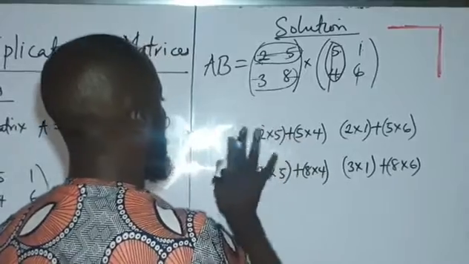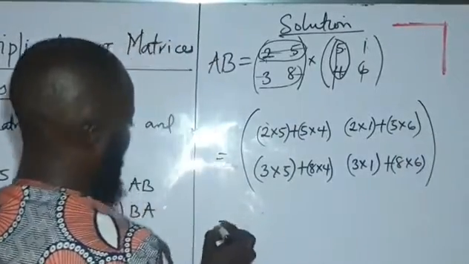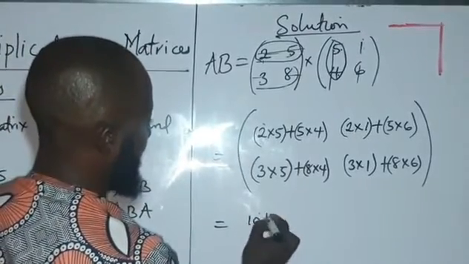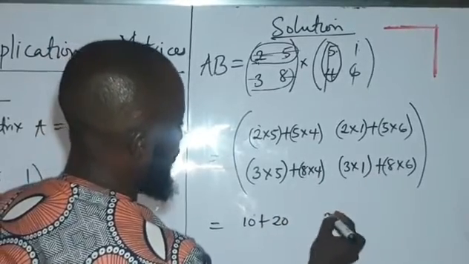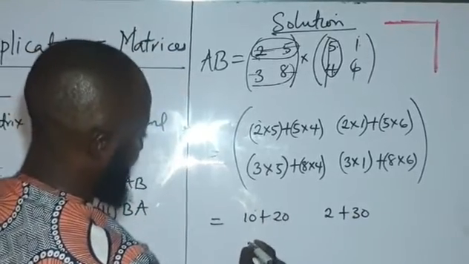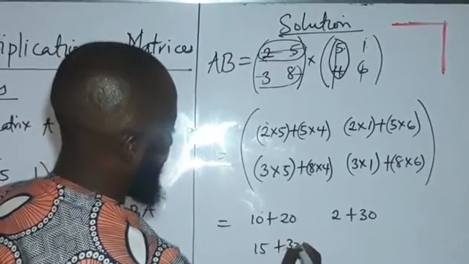So we then have everything here. 2 times 5 is 10 plus 20. Then this one will be 2 plus 30. This will be 15 plus 32.